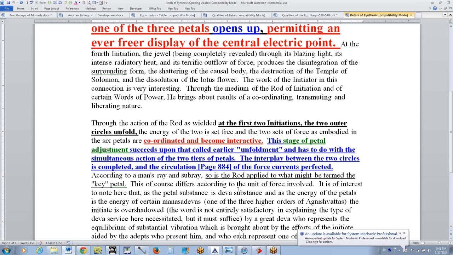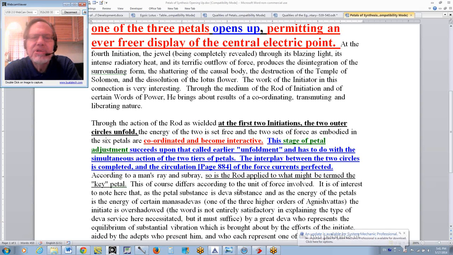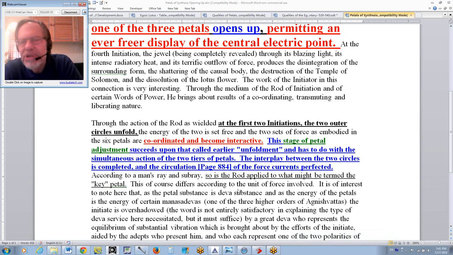So maybe, I've always been under the impression that the unfoldment of the first three petals occurs before the first initiation really is consummated. Otherwise, we would have the first three petals and the fifth petal completely unfolded, which would mean the fourth petal would have to be completely unfolded.